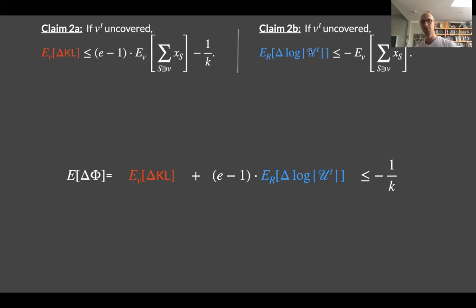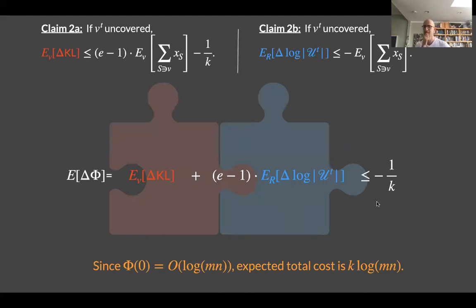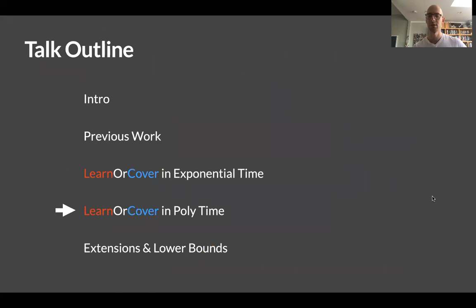When you sum a weighted combination of these two terms, they cancel out cleanly, and the decrease in the potential is exactly the negative part of the red portion, so -1 over k, which is what we wanted to show. Since phi 0 is order log mn, the expected total cost here is k log mn. All right, that's basically it.